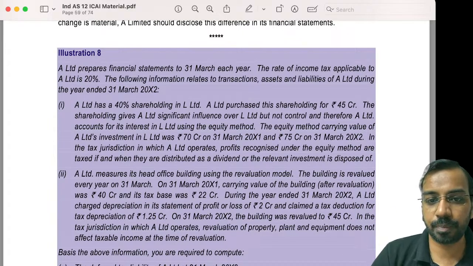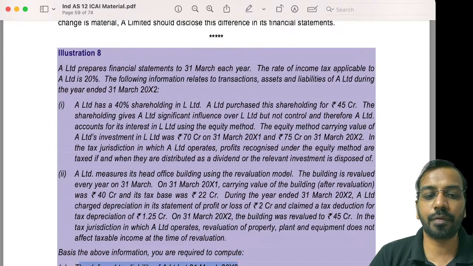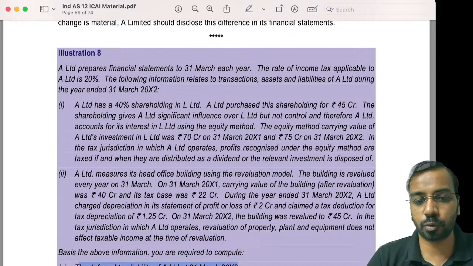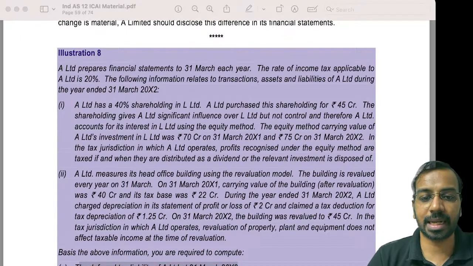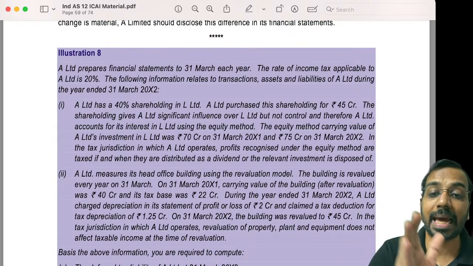Now what is the question? The question says that based on the above information, you are required to calculate the deferred tax liability of A Limited on 31st March of year 2. So, on 31st March of year 2, what will be the deferred tax liability? Now, for calculation of deferred tax liability, we need to know what is the carrying amount.